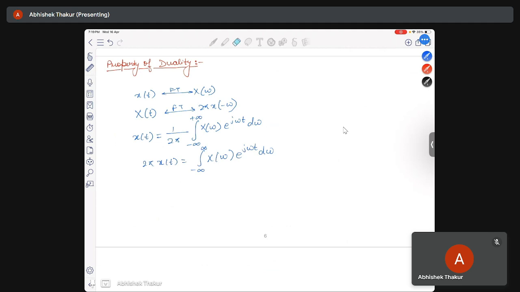So now let's substitute t as −ω. So it will become 2π x(−ω), and this will become the integral from minus infinity to plus infinity of X(t) e^(−jωt) dt. Okay. So we will get 2π x(−ω) as the Fourier transform of X(t). Understood? So this was one of the concepts of duality.